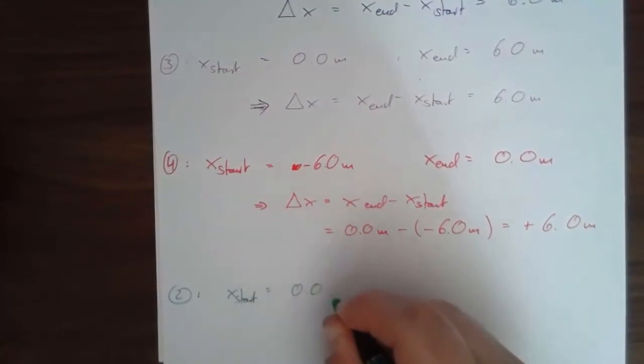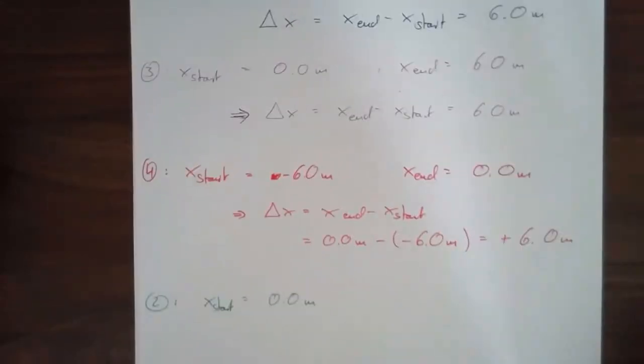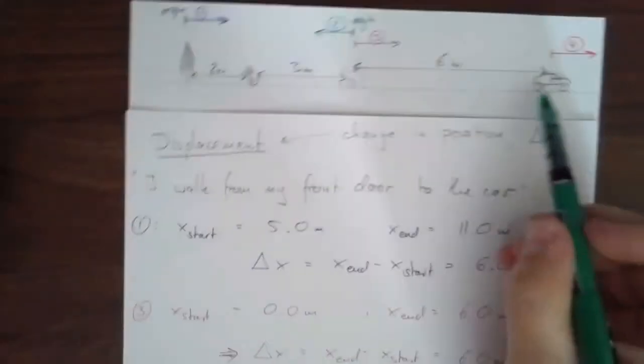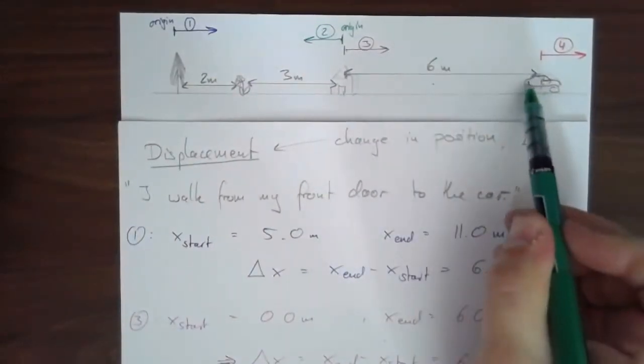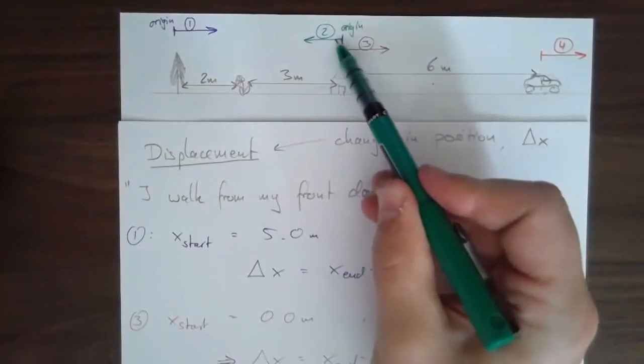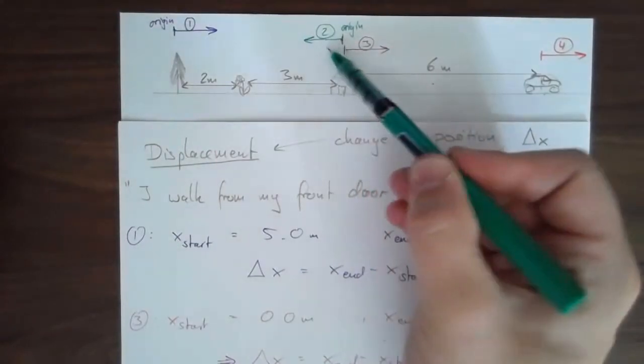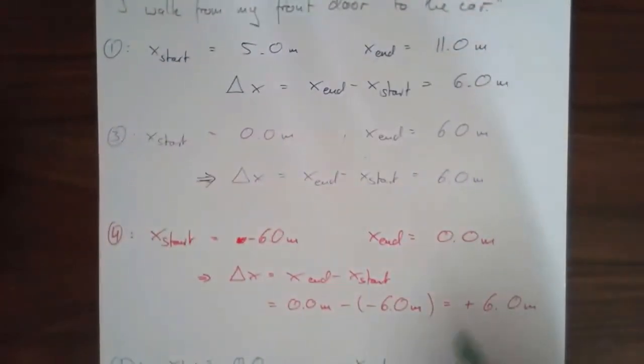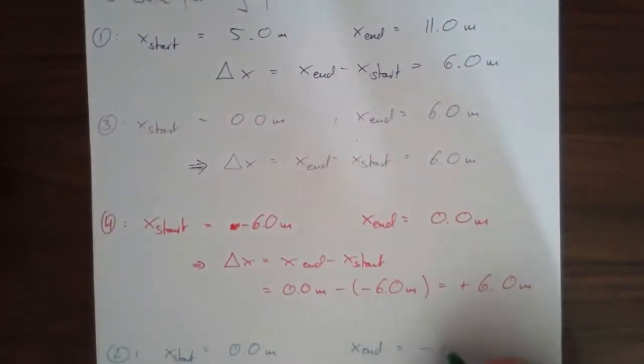Start at 0.0 meters, plus or minus doesn't matter because it's 0. And I end at the car, that's 6 meters over here, but that's in the opposite direction of where this ruler points, so I'm at minus 6. I end up at minus 6 meters.